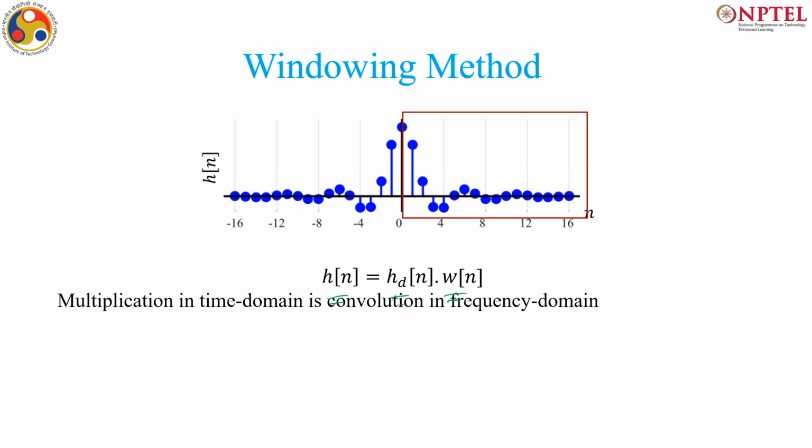So, this h of n is my actual response, h d of n is my desired response, or you can say the ideal response, which is the infinite non-causal response, and w n is the rectangular window. w n is basically 1 for this window range, that is 0 to n naught, after you set a delay to the signal, and it is 0 elsewhere.